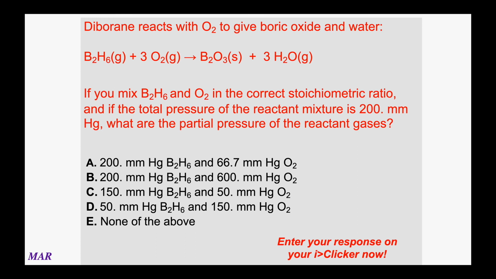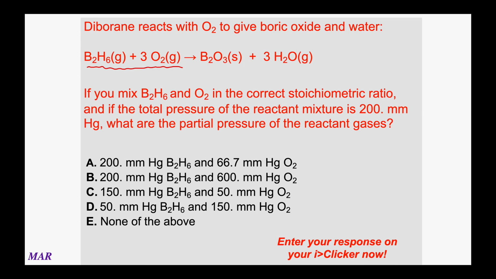What that means is for every mole of B2H6, we have 3 moles of O2, okay? And the total pressure of the reactant mixture is 200 millimeters of mercury. So what that means is that the total pressure of the B2H6 and the 3O2s is 200 millimeters of mercury. Then it says, what's the partial pressures of the reactant gases?